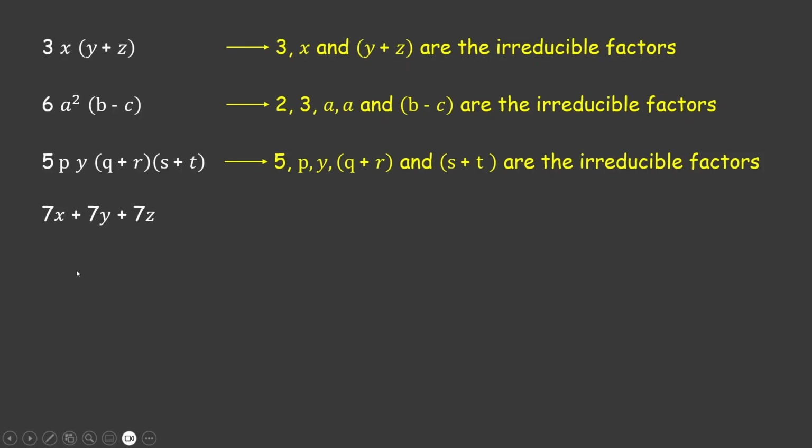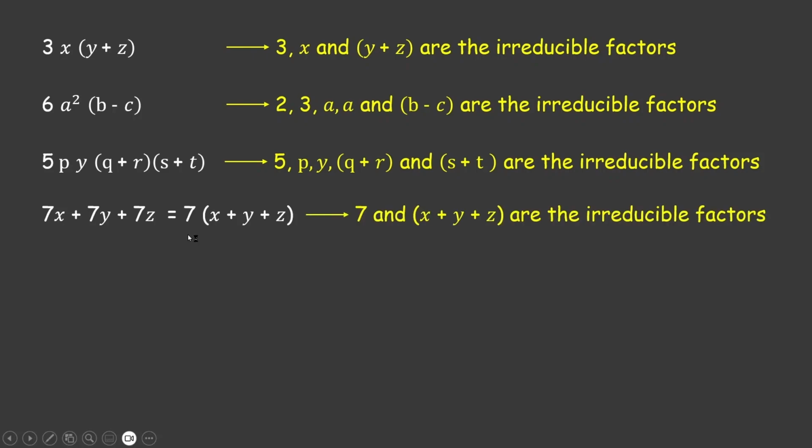Now, if you look at this one, 7x plus 7y plus 7z. Here, in this algebraic expression, we can take out 7 as common, which will leave us with x plus y plus z. Now, 7 and x plus y plus z are the irreducible factors.